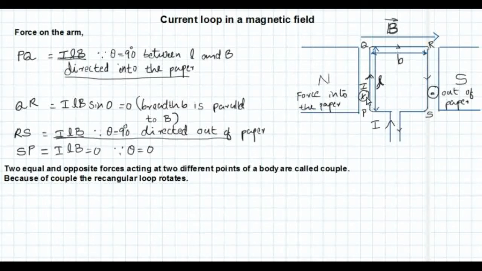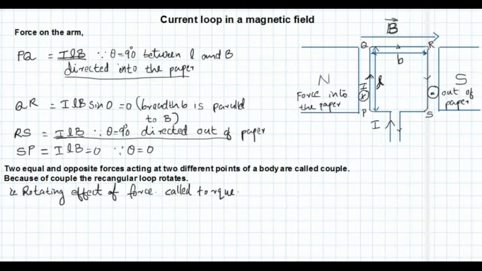Because of this push on one side and pull on the other side, the coil will rotate. So there is a rotational effect of the force ILB. Now the rotating effect of the force is called torque, or simply we can say there is a torque acting on the rectangular loop.